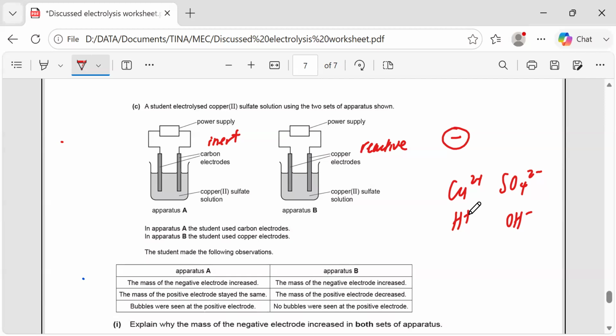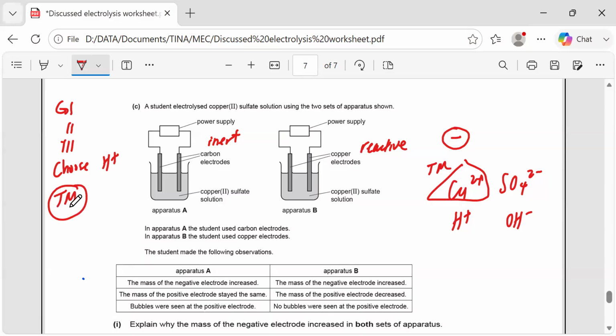We have gone through this a million times. Copper, because it is a transition metal. If it is group 1, group 2, group 3, choose hydrogen. If it is transition metal, choose transition metal. Remember, copper, silver, gold, nickel, platinum, they are all transition metals. Okay?